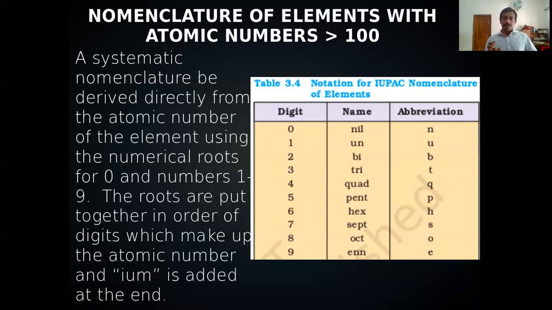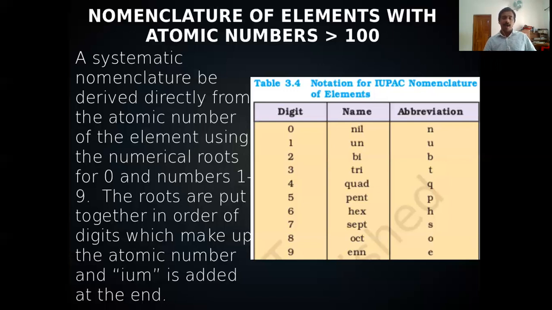And if the element has atomic number 100, first you have to write the name of 1, un. Then the name of 0, nil. And next is 0, nil. Un, nil, nil. But the name should end with the ium.